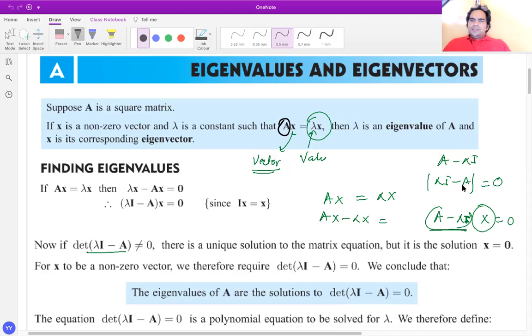When you solve this, you get the characteristic equation and the eigenvalues. So let's take a proper example for this.